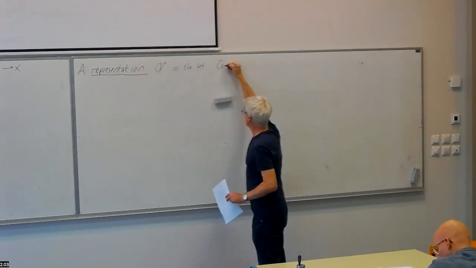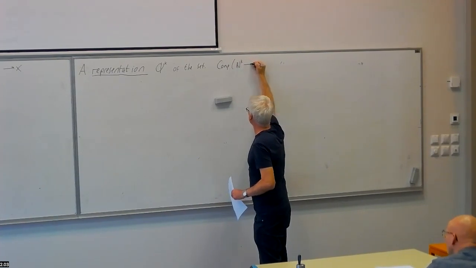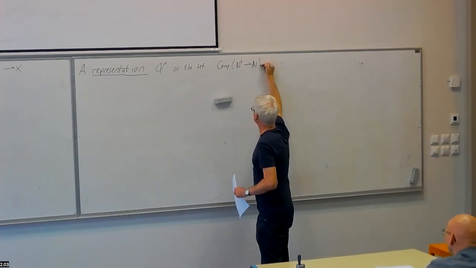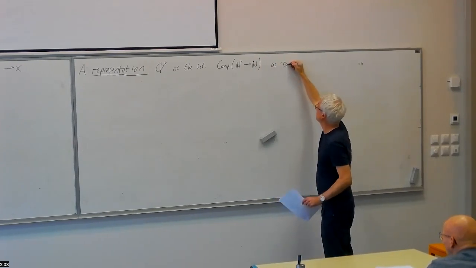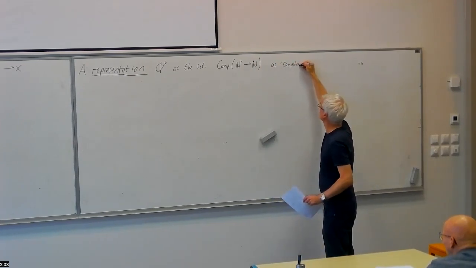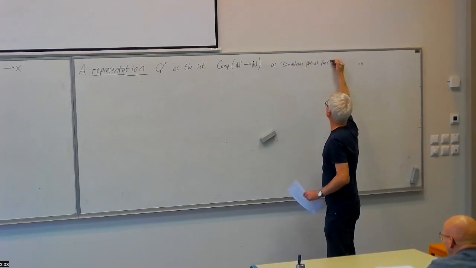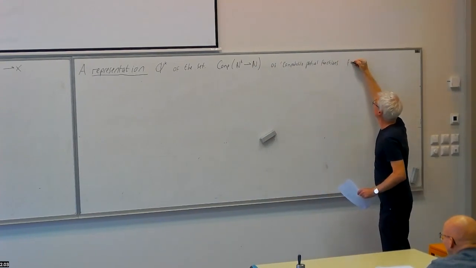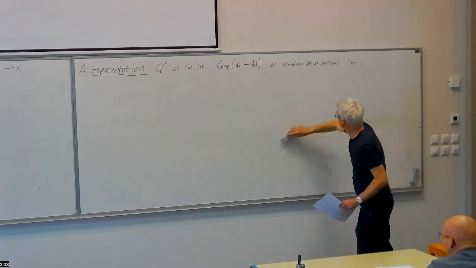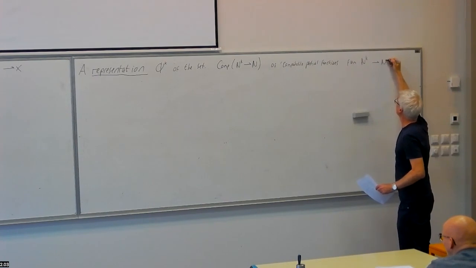Sorry, I'm going to call it comp n to the k arrows n of computable partial functions from n to the k to n.